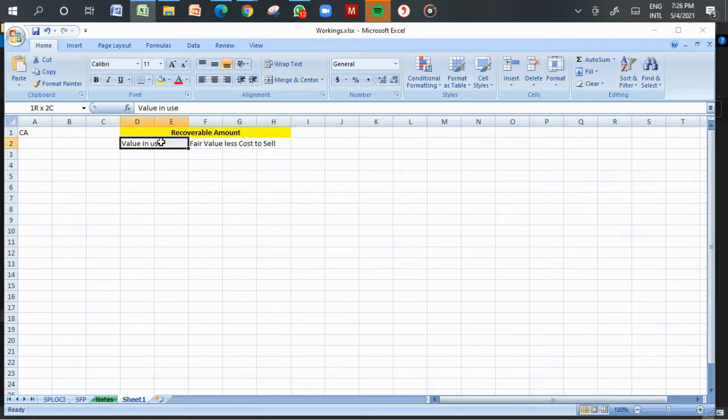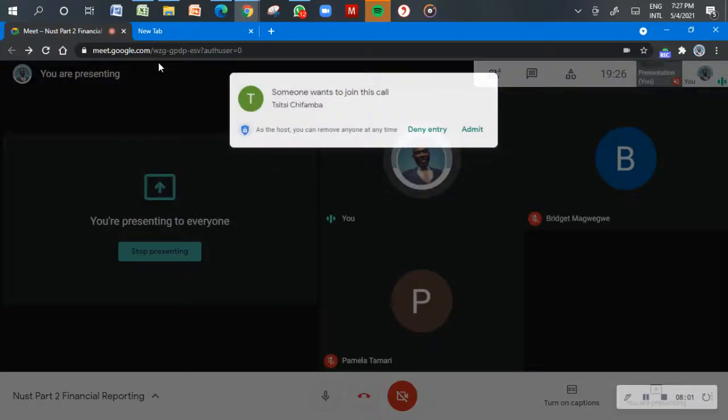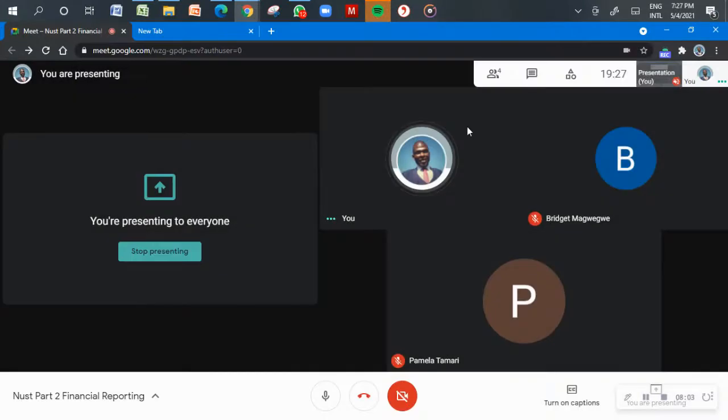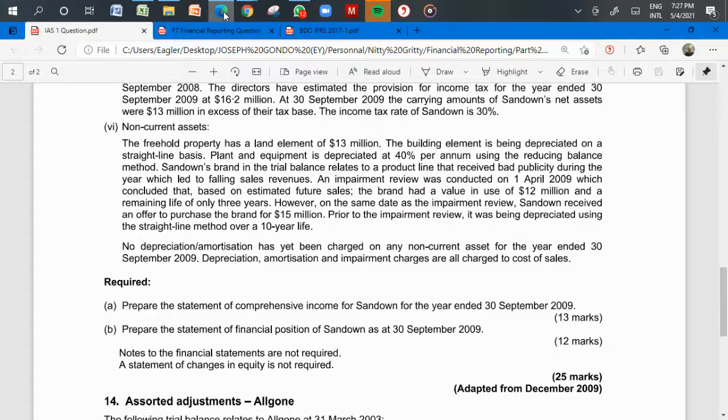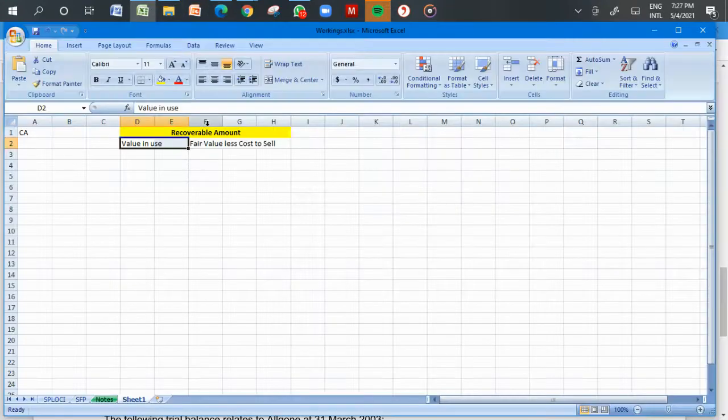Okay, so we're comparing the value in use against the recoverable amount.